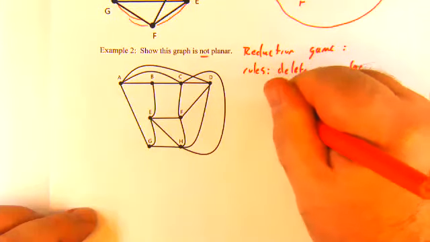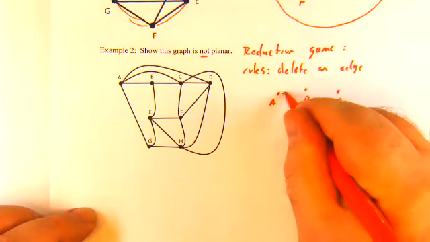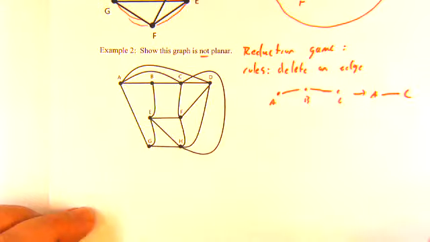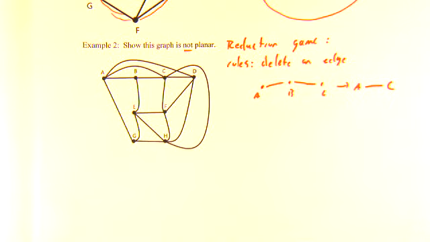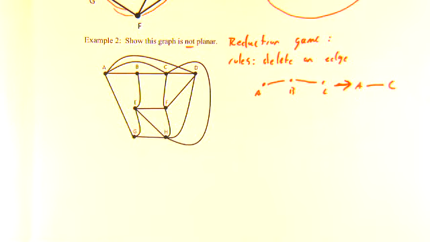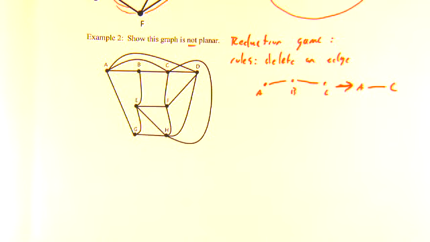And if you have anything that looks like this, which is a degree 2 vertex, you can condense it into just a path from A to C. So those are my two rules. And if I end up with either K5 or K33, then it's not planar. This only has one crossing. And the question is can you ever get rid of that crossing by redrawing it?